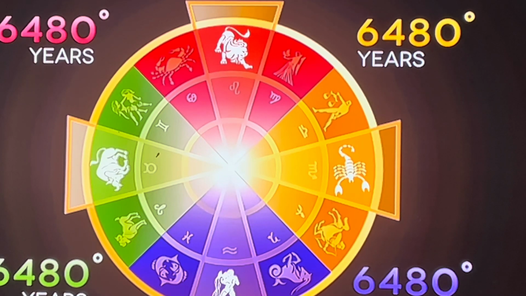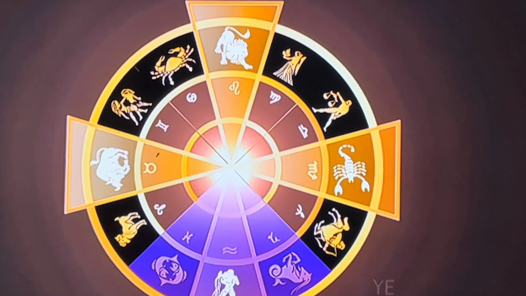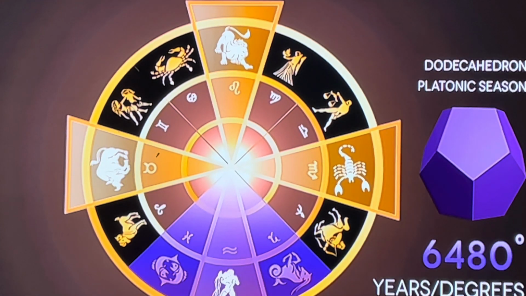6,480 years, as you recall, was the total measure of the dodecahedron. So here we have this same number linking the measure of space in terms of the dodecahedron, 6,480 degrees, and the season of the great year, which was considered to be profoundly important to ancient cultures all over the world.